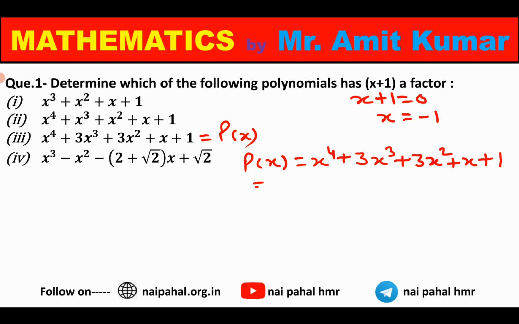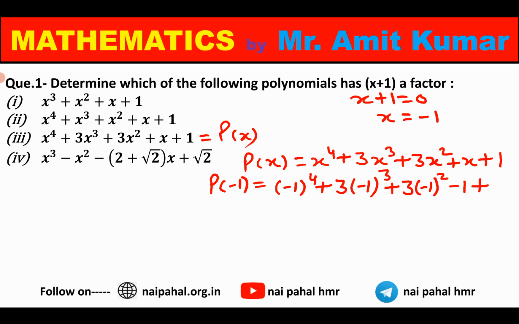Here if we put x as minus 1, then minus 1 to the power 4 plus 3 multiplied by minus 1 to the power 3 plus 3 multiplied by minus 1 to the power 2 and minus 1 plus 1.